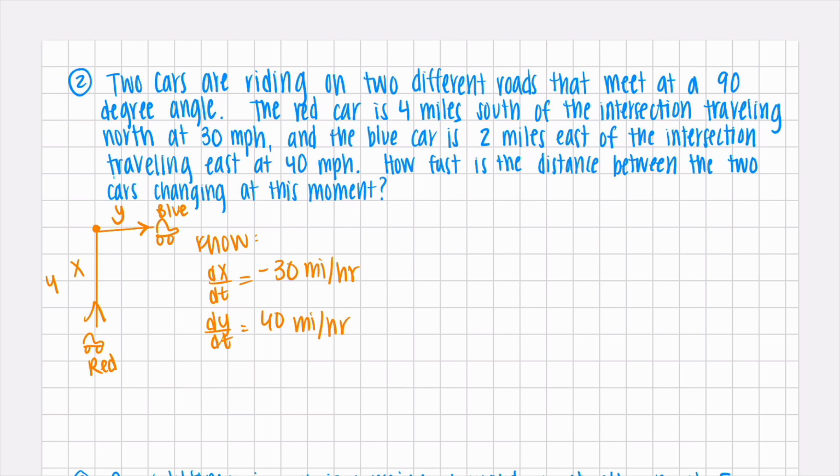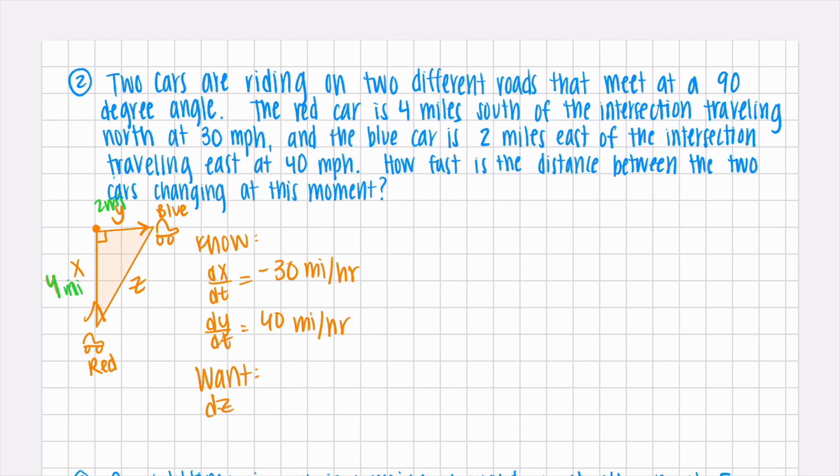How fast is the distance between the 2 cars changing at this moment? So in the moment, I'm going to make this green actually. x is 4 miles. y is 2 miles. And then this is going to be another triangle, a right triangle. Let's make this length z. Our distance between the 2 cars is z.